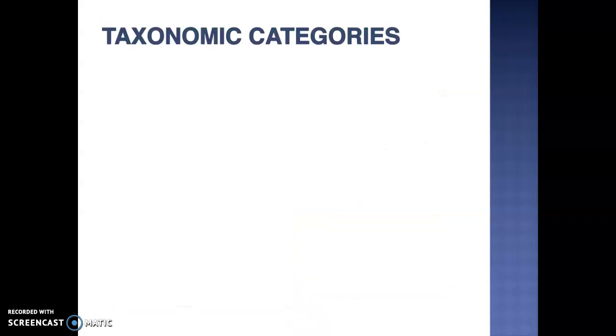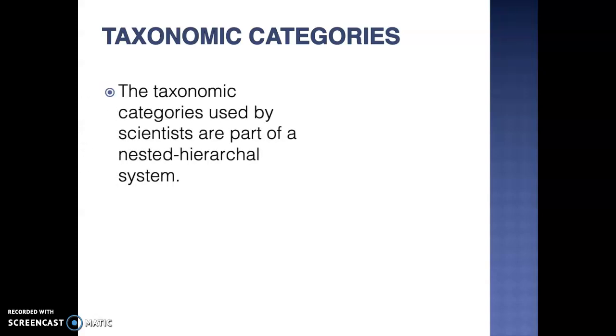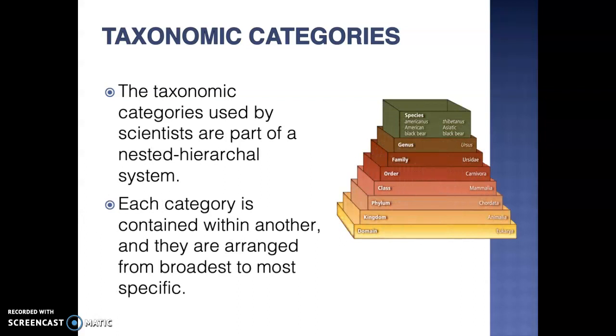Taxonomy is broken down into different categories based upon size, and each one nests into the other category. So, the taxonomic categories used by scientists are part of a nested hierarchical system. Each category is contained within another, and they are arranged from the broadest to the most specific.